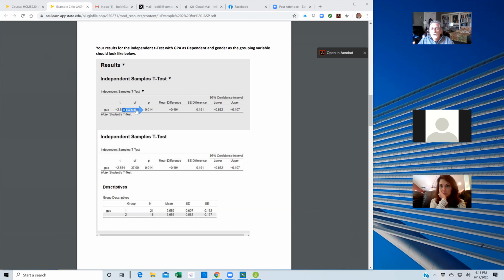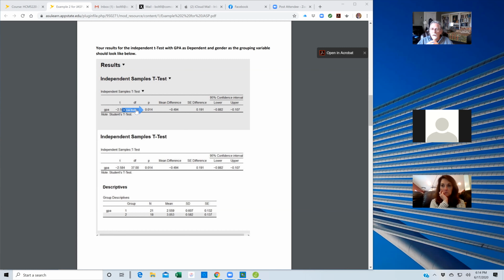Now, in this case, the p-value is 0.014, which means there is less than a 1.4% chance that you have reached this particular outcome as a false positive. And our cut score is always less than a 5% chance.